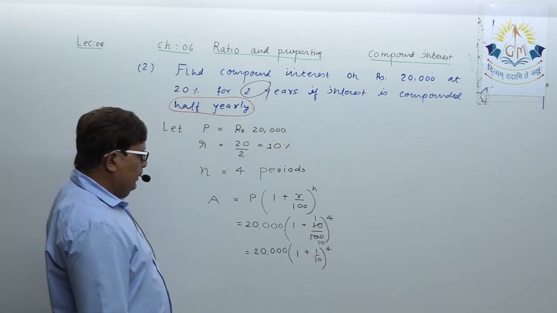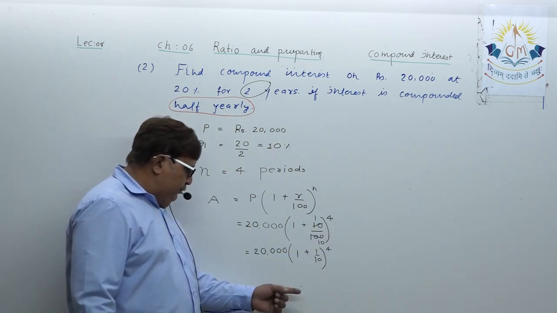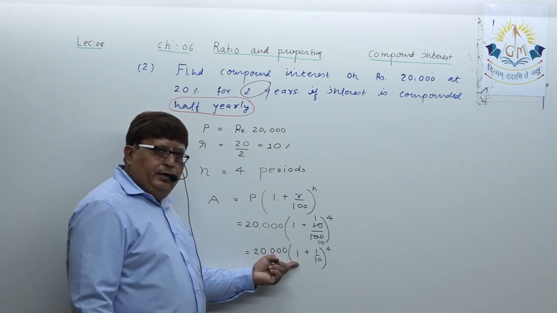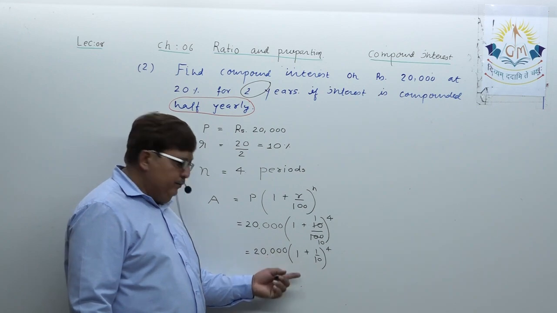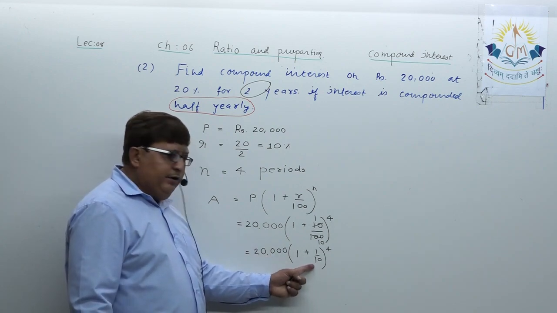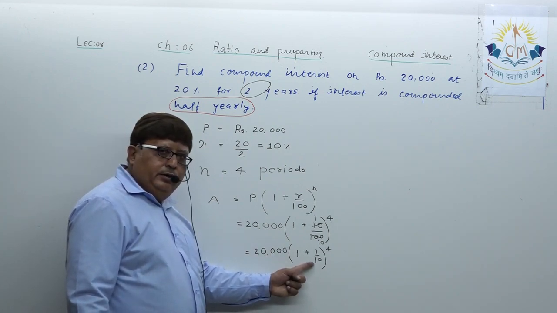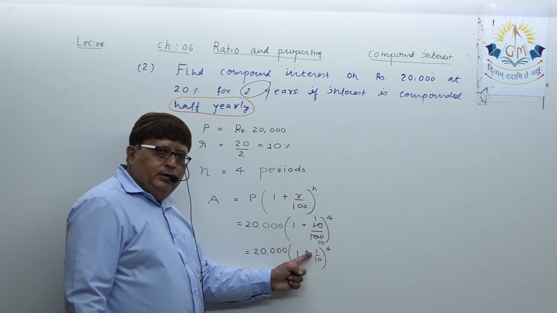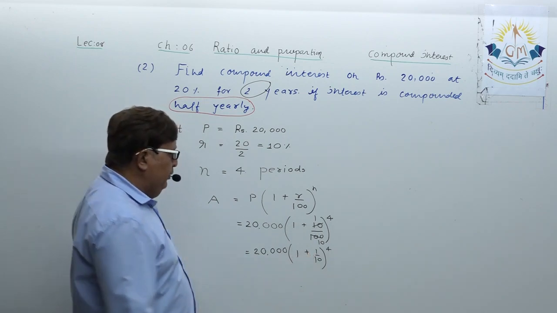Okay. In next step, dear student, you are going to take LCM. If we take 10 as LCM, 10 1 ja, 10 plus 1, 11 upon 10.